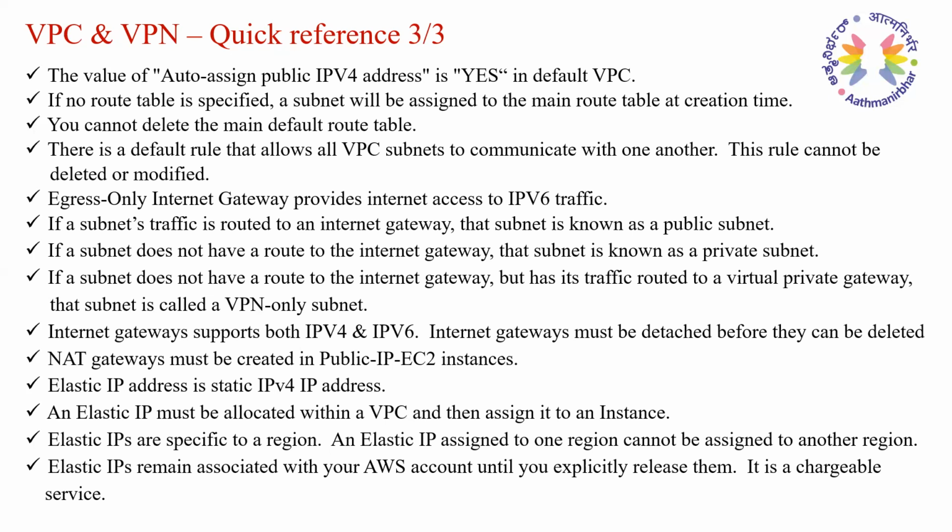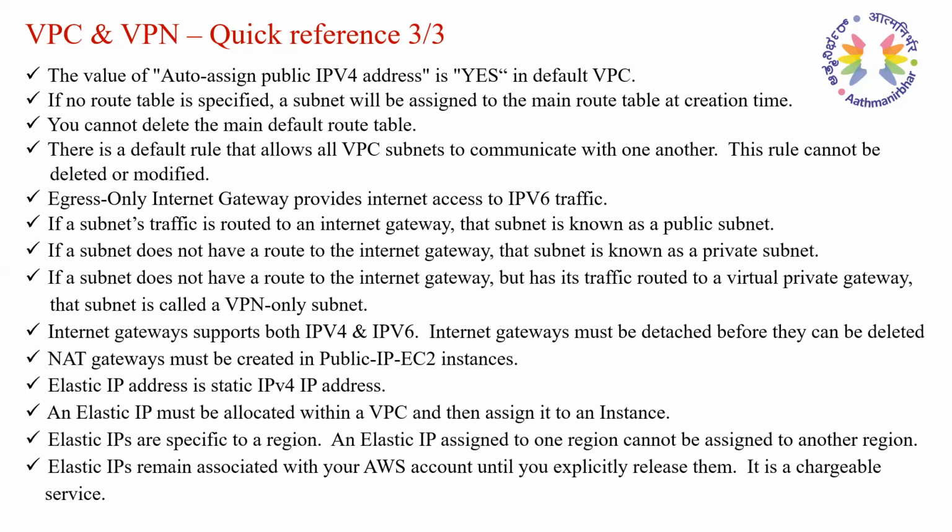An egress-only internet gateway provides internet access for IPv6. In our lab exercise, we selected IPv4 with a NAT gateway. You need to select an egress-only internet gateway if you have selected the IPv6 protocol. If a subnet's traffic is routed to an internet gateway, that subnet is known as a public subnet.